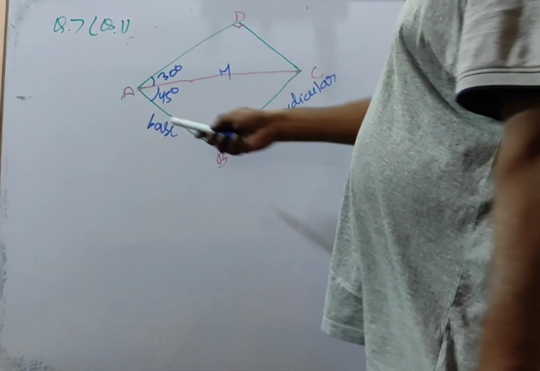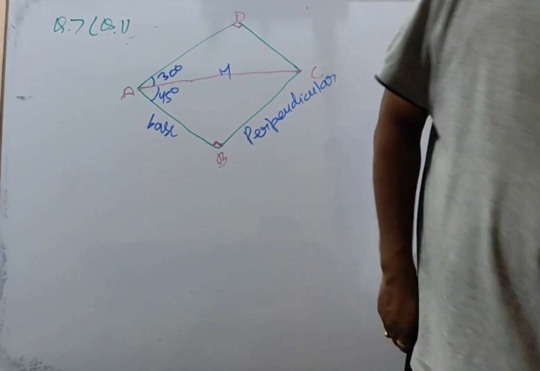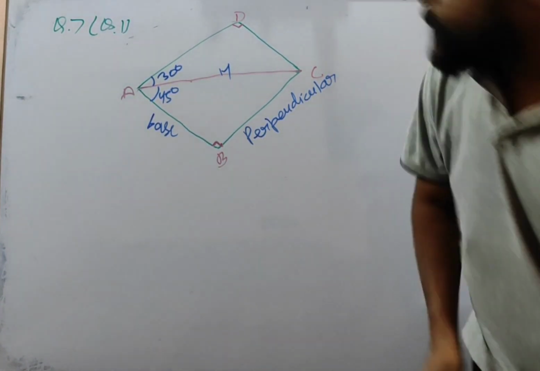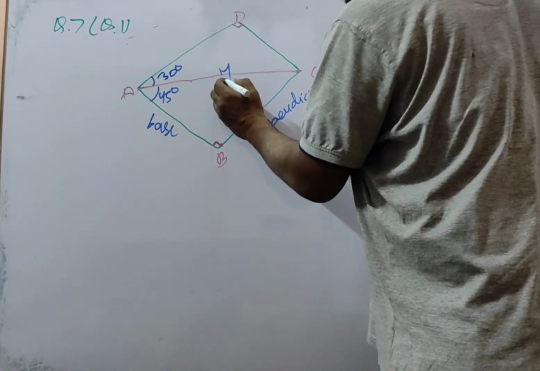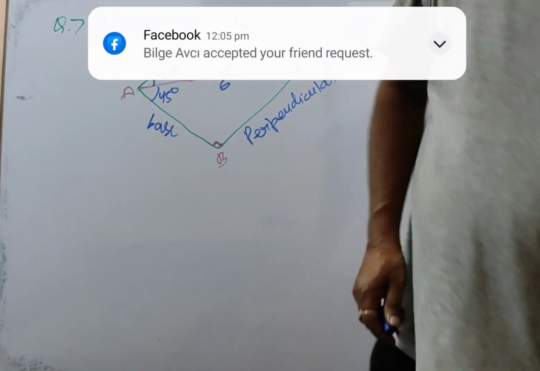This is 90 degree, this is 45 degree. What is given to us? This is 6 centimeter.